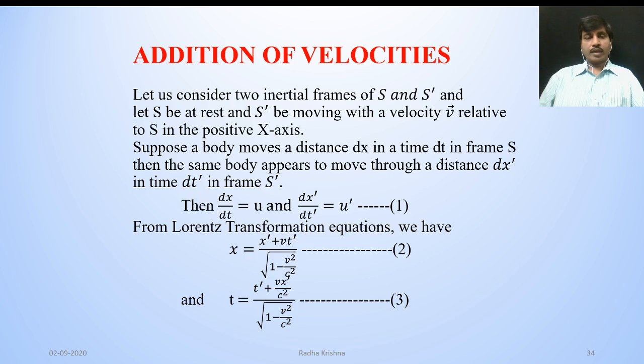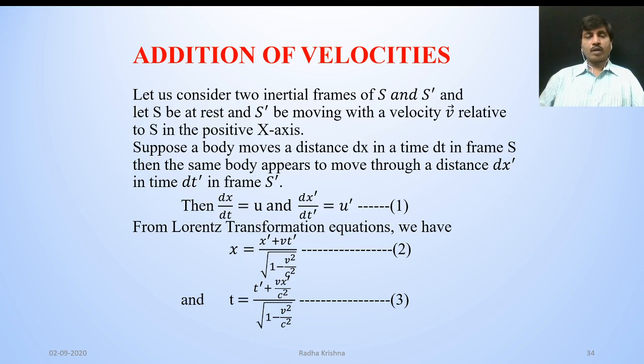Then dx by dt is equal to u and dx dash by dt dash is equal to u dash. That is equation 1, where u and u dash are the velocities of the body in frames S and S dash respectively.